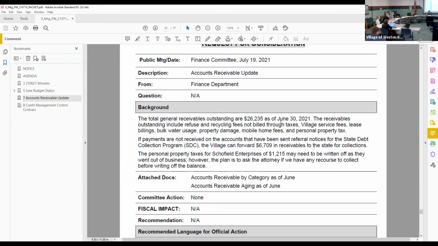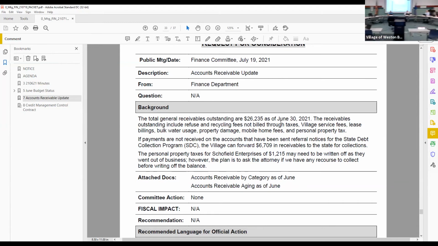The other thing that gets billed under the water category is damaged meters and stuff like that. If it's a benefit to the property itself, it can go on the property taxes through the tax roll. Otherwise, we can try to collect that through SDC, depending. Which is the state debt collection program, right. They will do collections for us. Perfect.